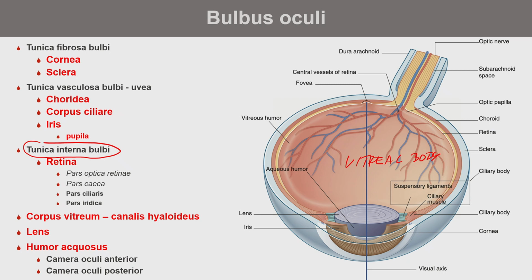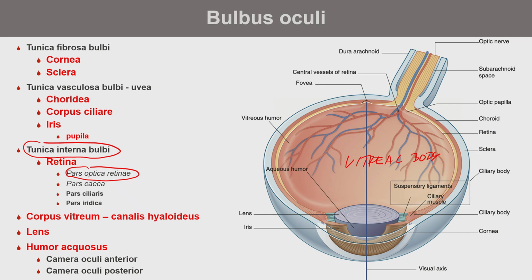Retina has several parts. The largest one is called pars optica. And then we have also pars ceca, also the part which is called ciliaris and iridica. What does this mean? The optic part is the part where the light is able to create the electric signal which is registered as light, visual information.